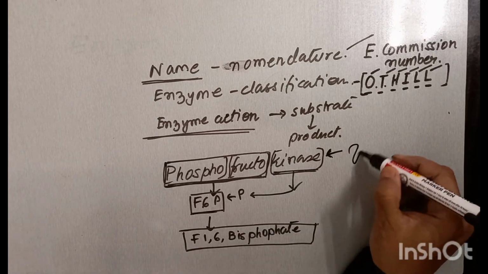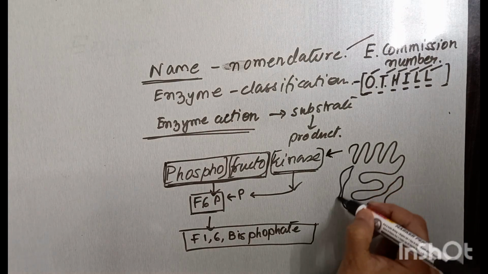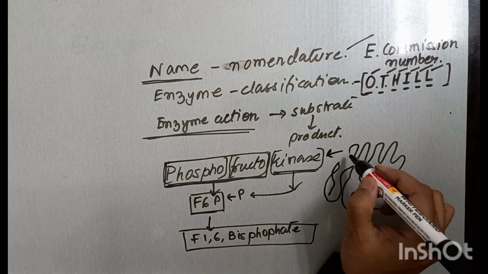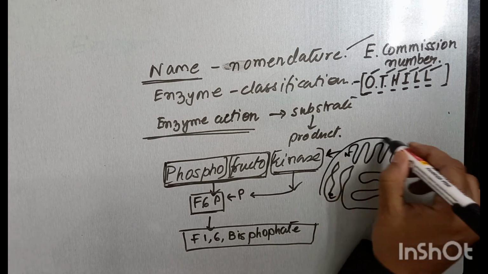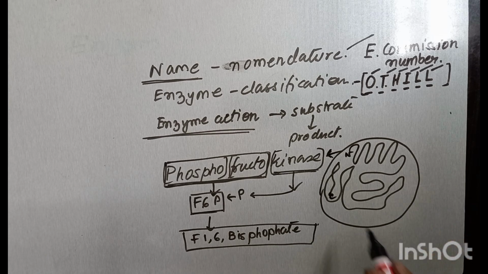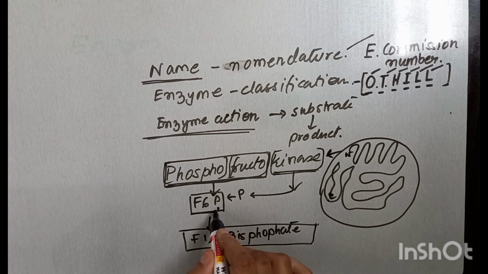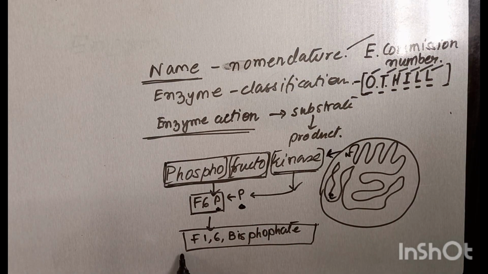This phosphofructokinase is a complex protein, with an N terminal and a C terminal, and this complete protein now acts. This protein is an enzyme. This protein is acting on fructose 6 phosphate and adding a phosphate to this fructose 6 phosphate molecule, producing fructose 1,6 bisphosphate.